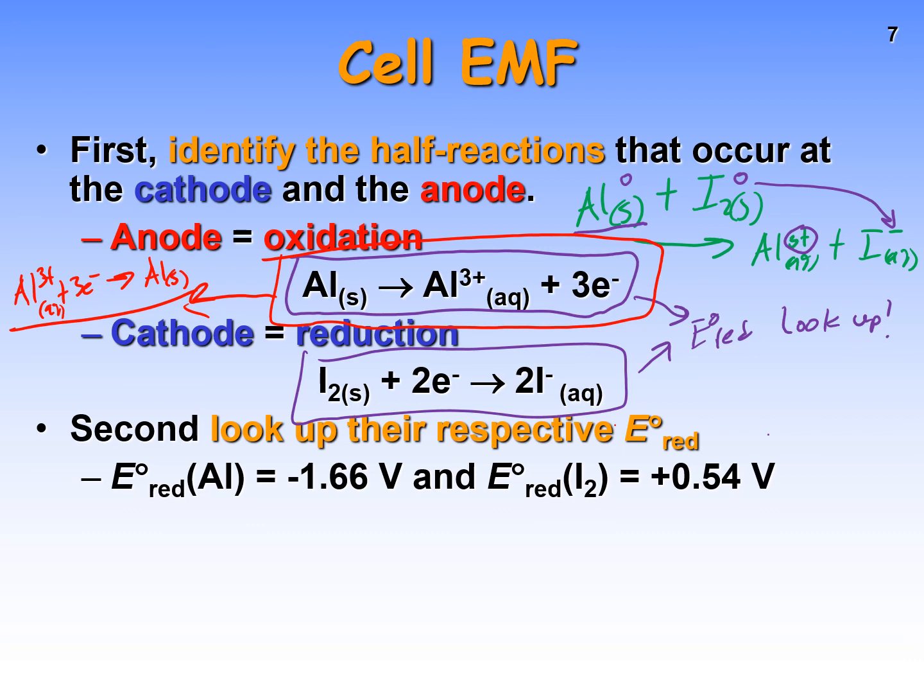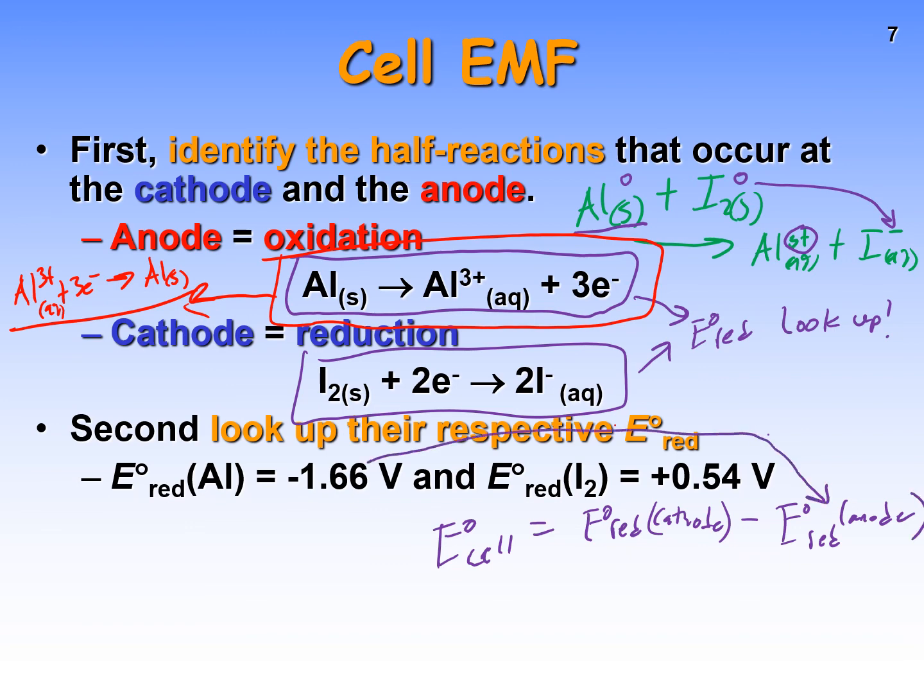Now the next step here is E naught cell is equal to the reduction potential of the cathode minus the reduction potential of the anode. Here's my anode, so that goes there. Here's my cathode, that goes there. And I can hit equals.